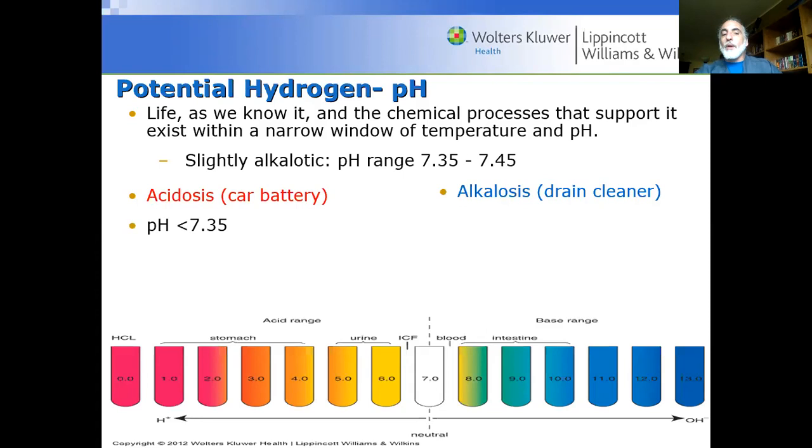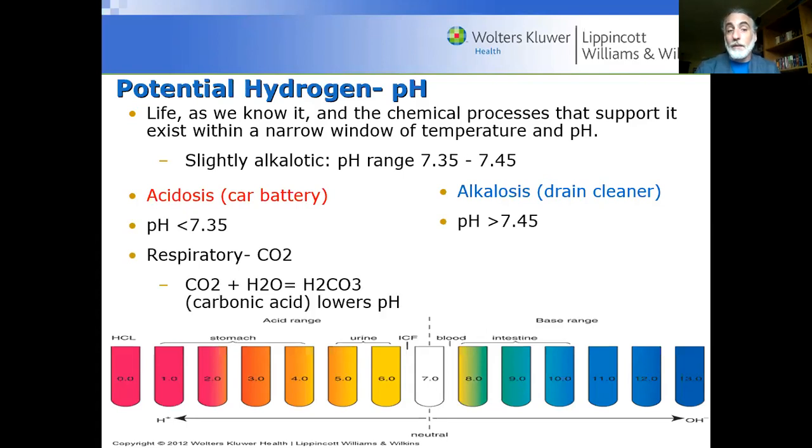So less than 7.35 is acidosis, greater than 7.45 is alkalosis. Respiratory fix for this is CO2. CO2 plus water equals H2CO3, or carbonic acid, which lowers the pH, making it acidic.